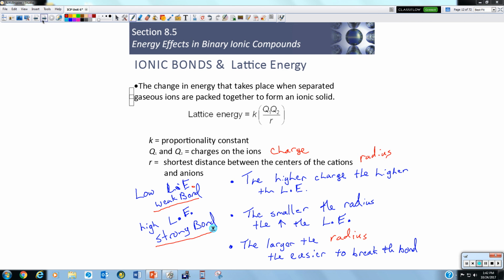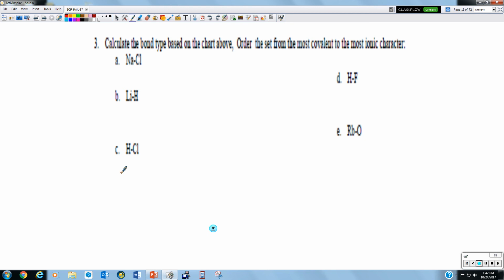All right, moving forward. I'm going to change this question a little bit. I don't want you to calculate the bond type. I don't want you to do E and D. All we're going to do is look at these as far as ionic character and covalent character.